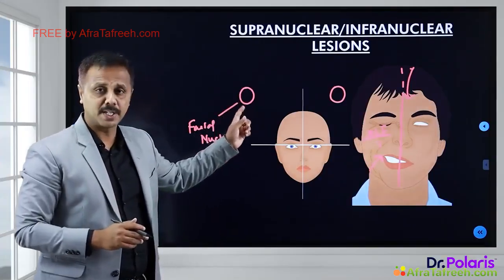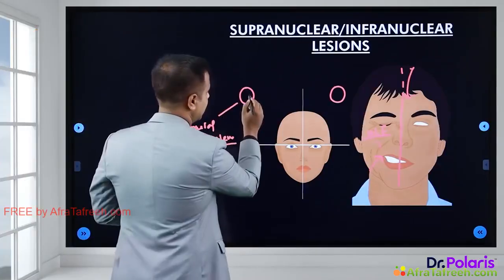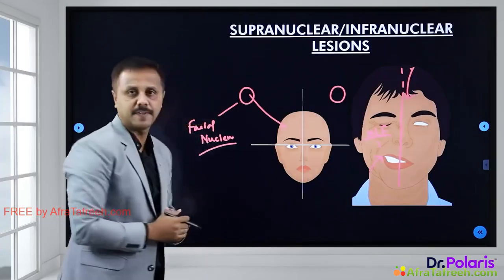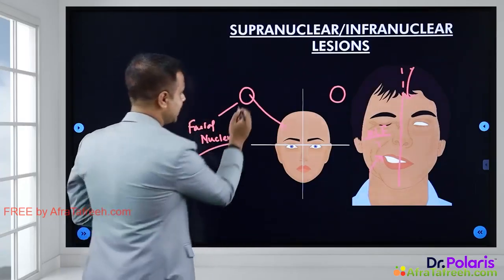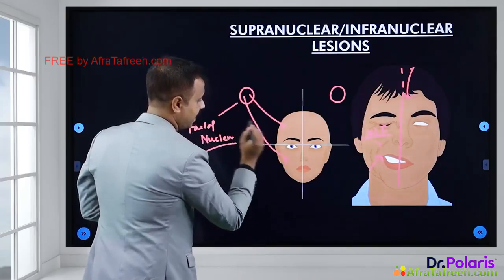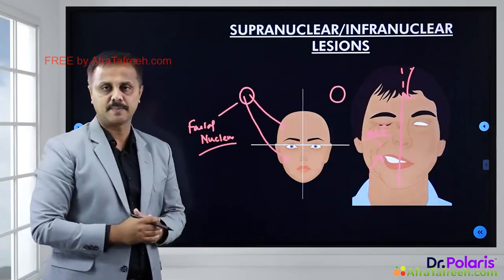From this nucleus, we have the lower motor neurons which will supply the muscles of the upper half of the face, and then there are fibers which will supply the muscles of the lower half of the face.